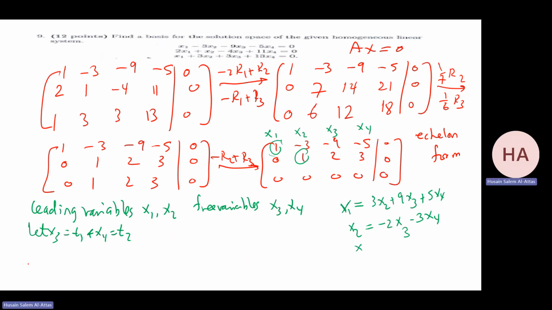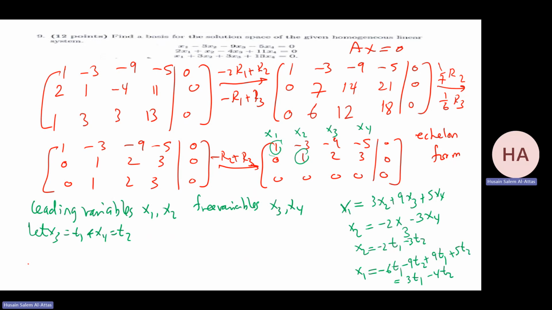So x2 will be minus 2t1 minus 3t2. And x1 will be what? 3 times this, which is minus 6t1 minus 9t2 plus 9t1 plus 5t2. And that gives me 3t1 minus 4t2.